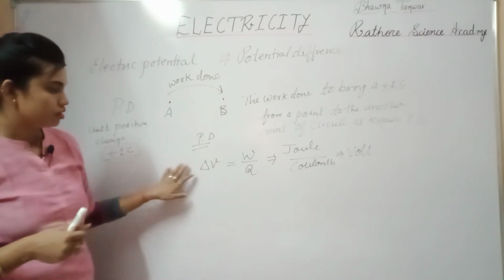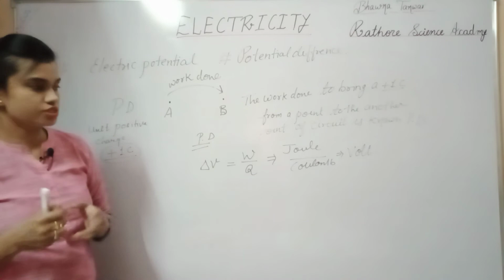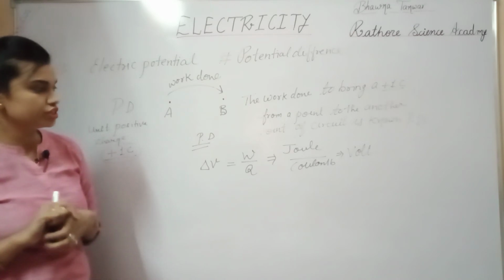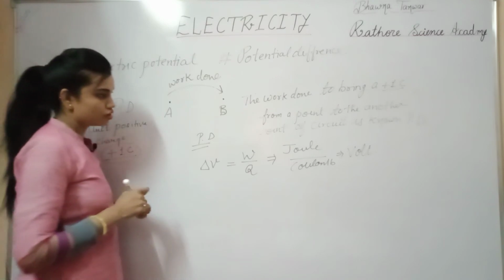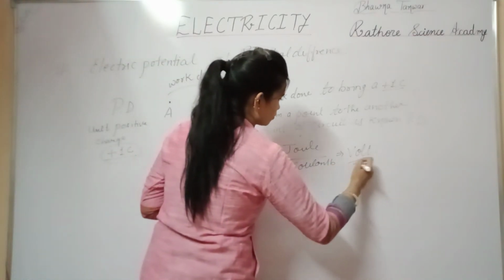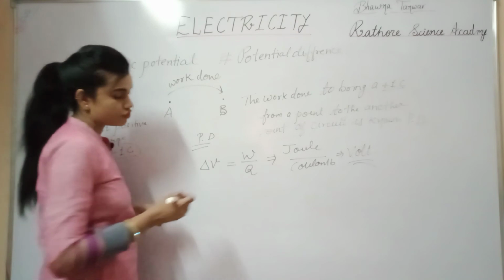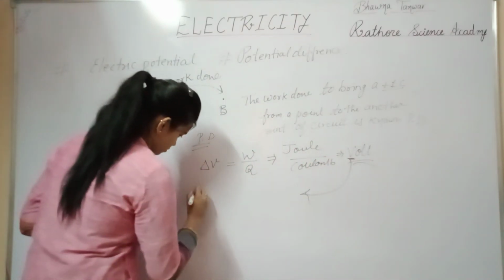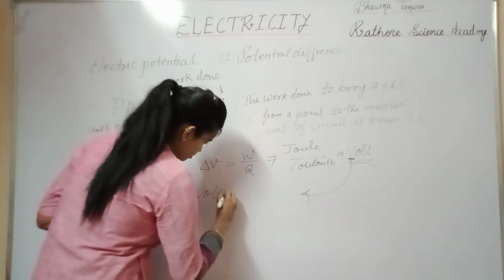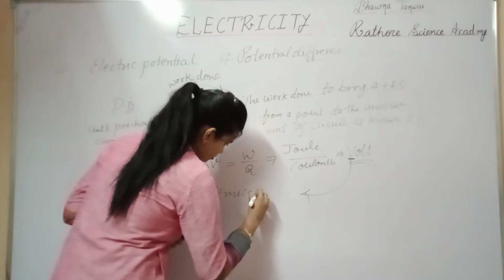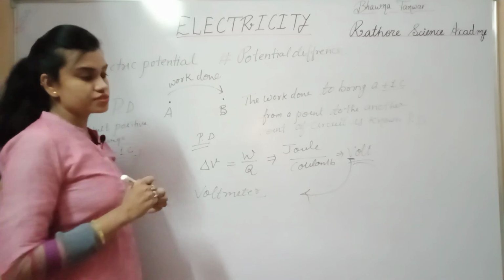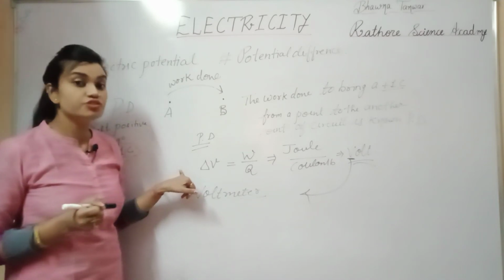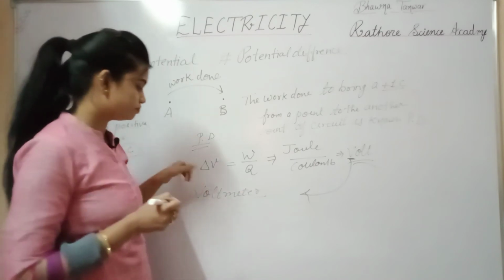Okay. The amount of work done to bring a unit positive charge from a point to another point of a circuit is known as potential difference. The unit of potential difference will be volt. And from this V, you will be able to know voltmeter is a device to calculate the potential difference, right?